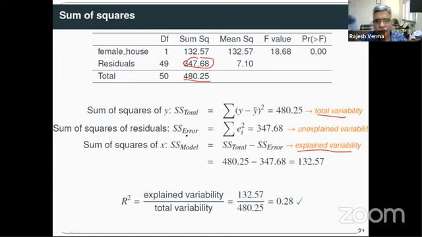So this is the unexplained variability. If we subtract the unexplained variability from the total variability, we will get the explained variability. And by taking the ratio of explained variability and the total variability, we will get the R square. This is 132.57 divided by 480.25, that is 0.28. This is how we calculate the multiple R square.